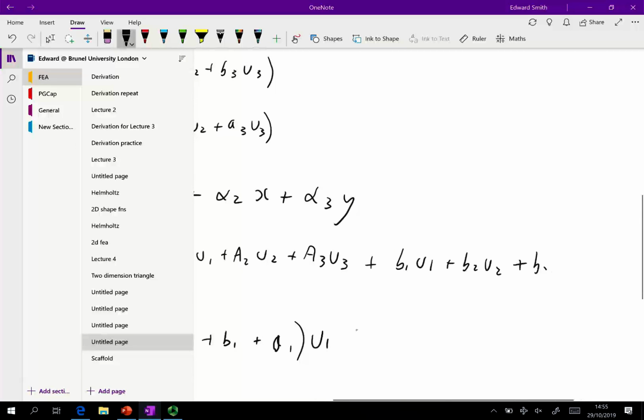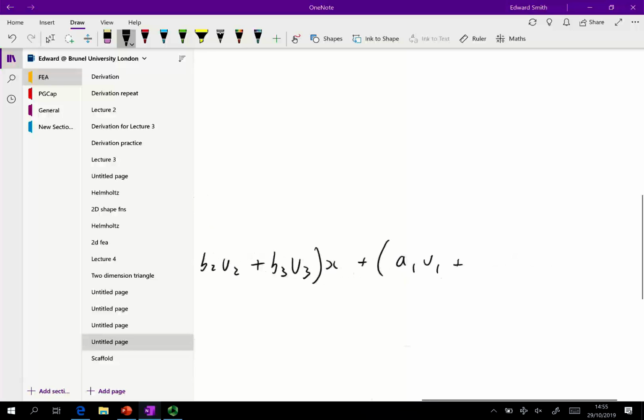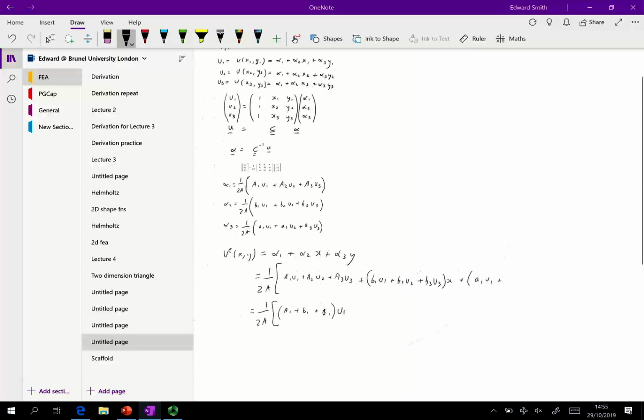The key point is that this is multiplied by x, and a2 u2 plus a3 u3 is multiplied by y. So that's my punishment for not writing it all out. Then we're collecting together the terms in u1, u2 and u3, so we end up with x times this and y times that.